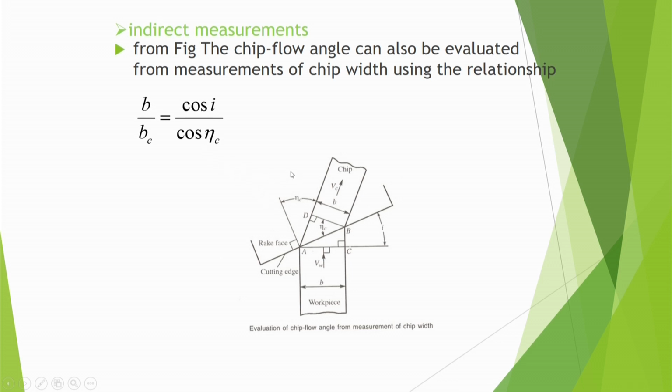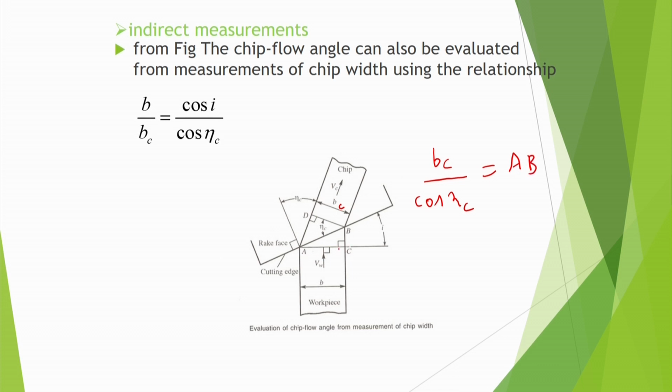Sorry, here there is a mistake, here it should be BC. This is B. So suppose we say this BC, from this diagram BC divided by cos eta c is equal to AB, right, isn't it?